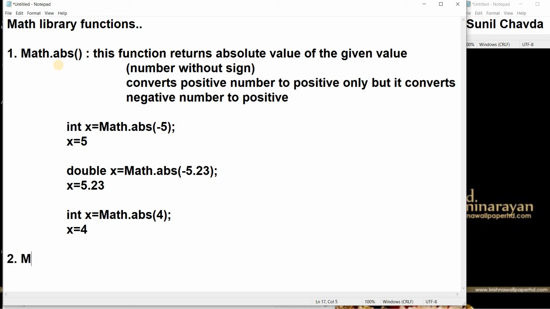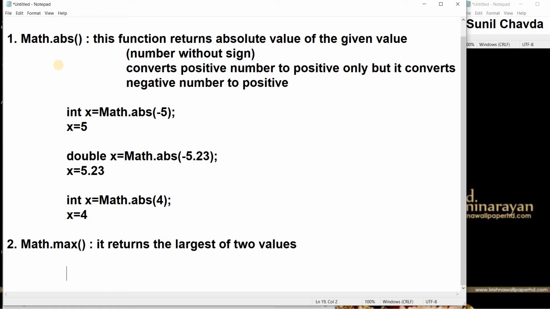The next function is the math.max function. What is the job of the math.max function? It returns the largest of two values. Now here the most important part is two values. You can provide only two values to this function and it will give you the largest number.